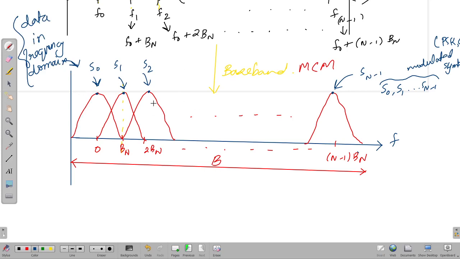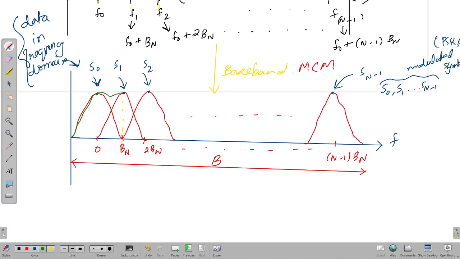And when you add all these subcarriers in frequency domain, how would it look like? It would look like this. And here you see only this signal has this value S0. All the other signals are 0 at this point. They have their 0 crossings.